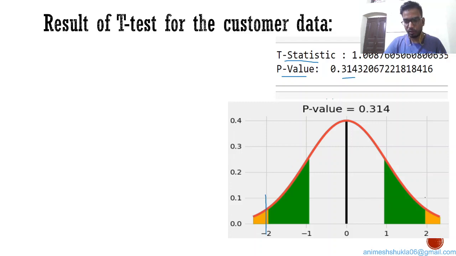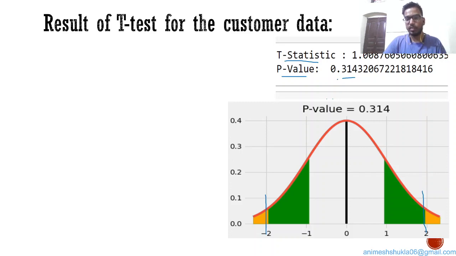This orange portion is our benchmark, our boundary, and if the p-value is less than 0.05, then it will be lying in the rejection region, and then we'll be rejecting the null. Whereas if the p-value is greater than 0.05, that means it is lying in the non-rejection region, and then it will be considered as accepting the null.